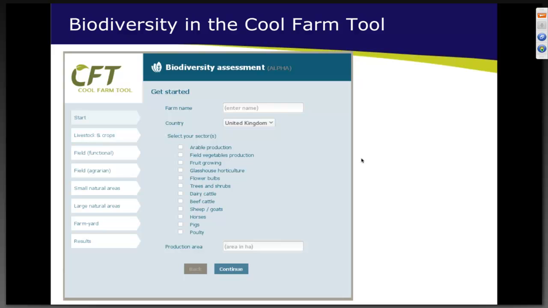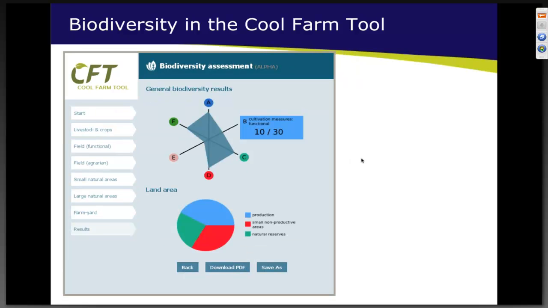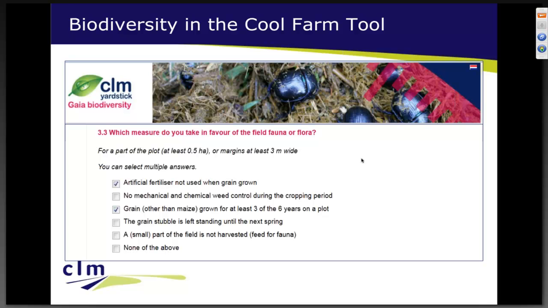This is what it looks like now in the dummy. You start your biodiversity assessment by looking at, on the left hand you see livestock, field functional, field agrarian, small natural areas. These are the 6 categories that I just mentioned. And in those 6 categories you get a range of questions. Questions like, oh, this is the result page. Questions like, which measure do you take to favor field flora, fauna?